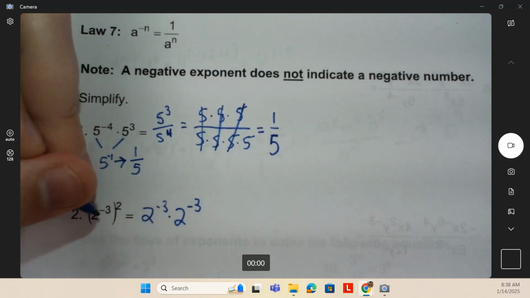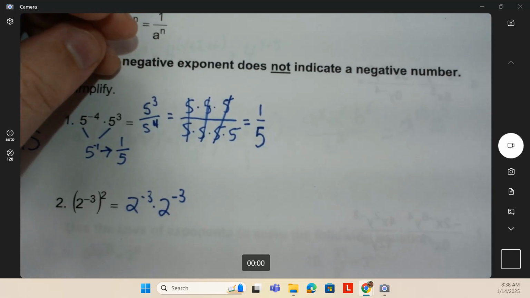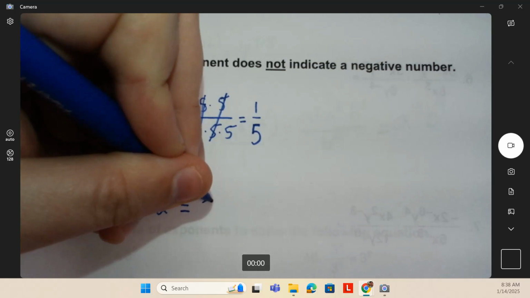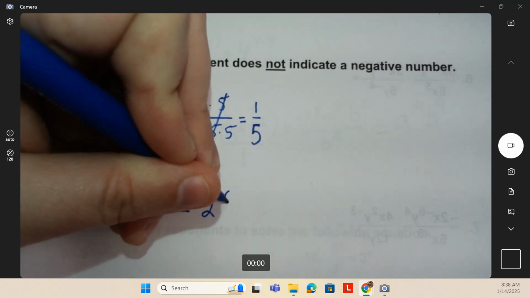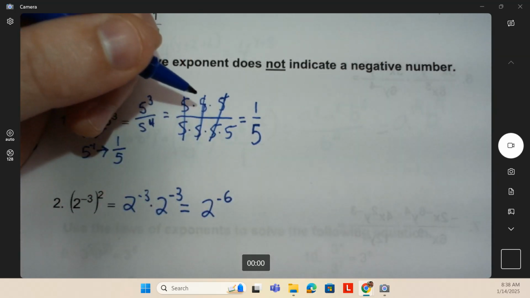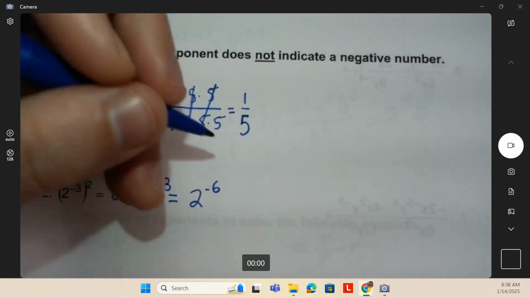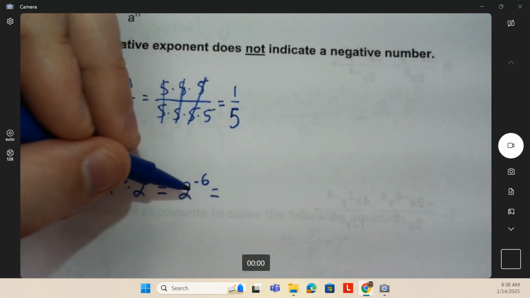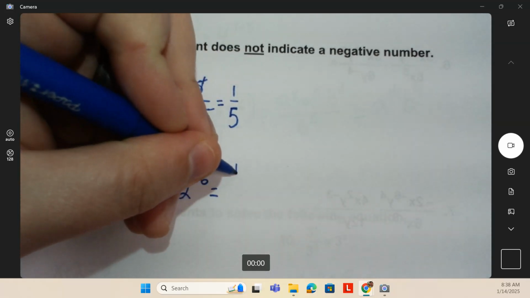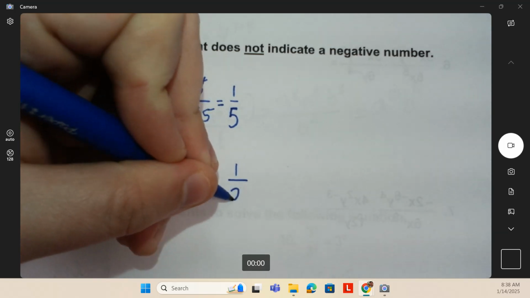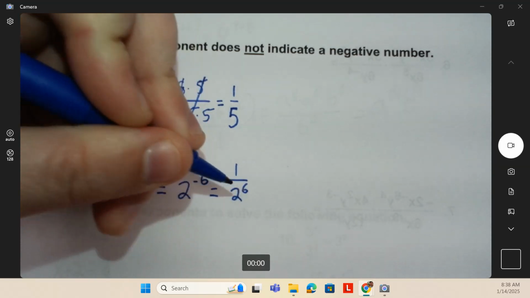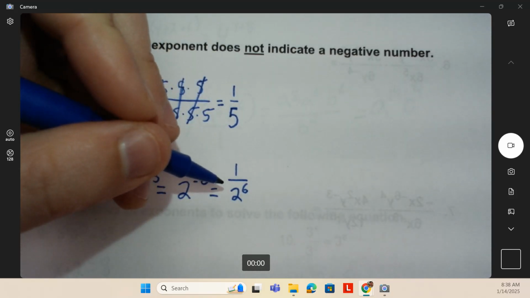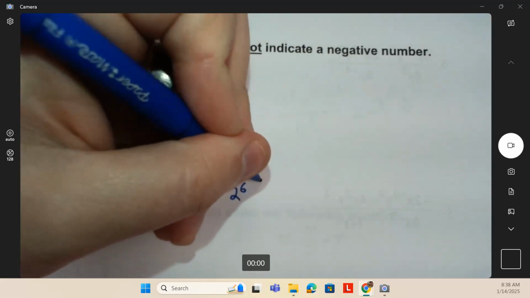But all that's really happening is I'm multiplying negative 3 and 2 to end up with a 2 to the negative 6th power. And so what I do from there is I'd take that and I would do that as 1 over 2 to the 6th power, and then I'd just do 2 to the 6th power, which would give me 64.